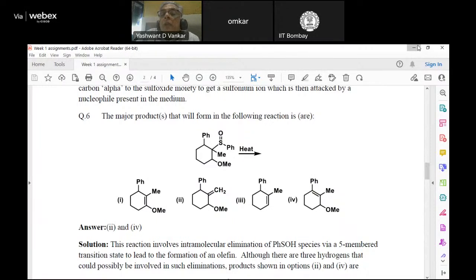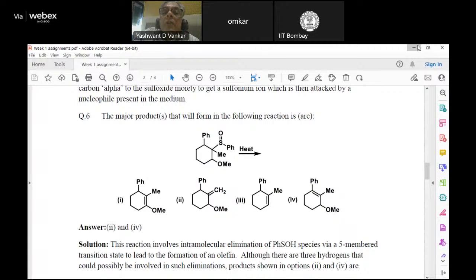I have not mentioned stereochemistry because I wanted you to understand that all three possibilities are there, and between the three, which are likely to take place. Here the question is more related to the methoxy group or any heteroatom which is present on a carbon which has a hydrogen that can be eliminated.